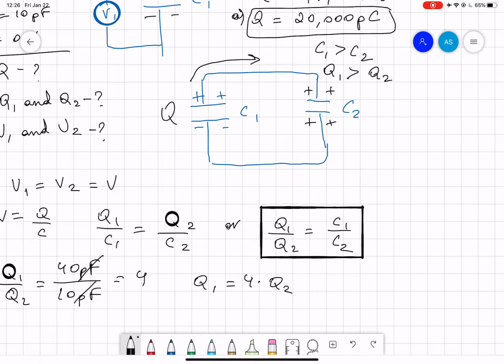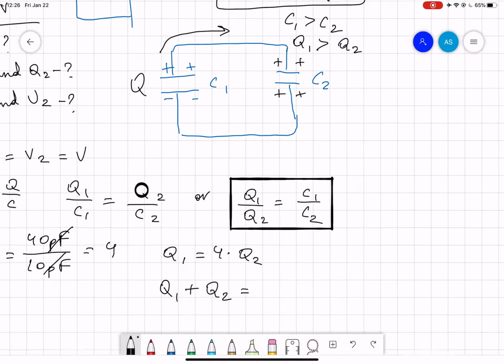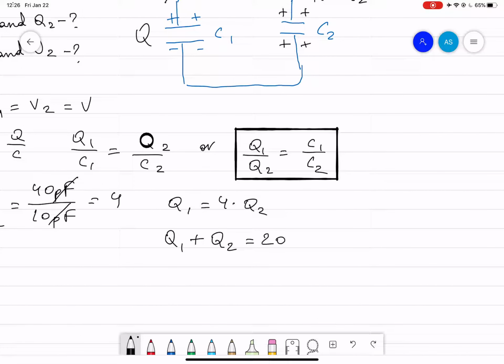So we can say that Q1 plus Q2 should be equal to 20,000 picocoulomb, right?